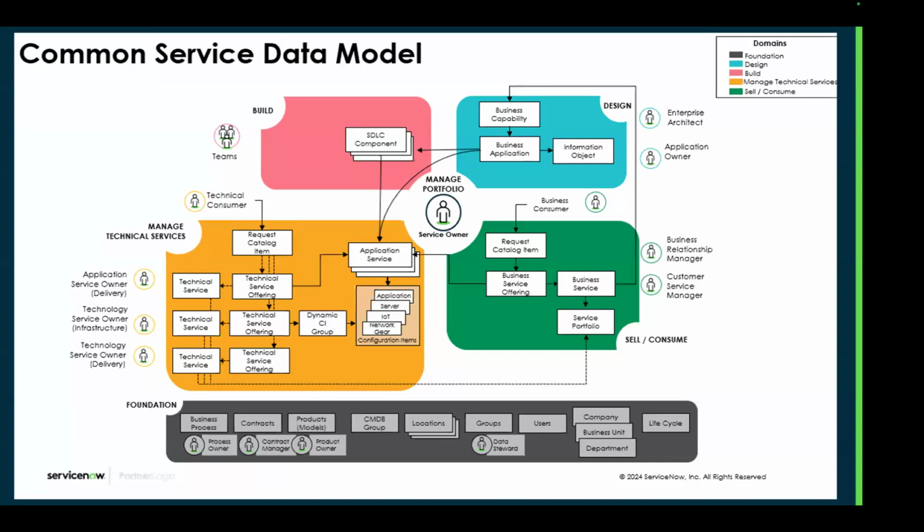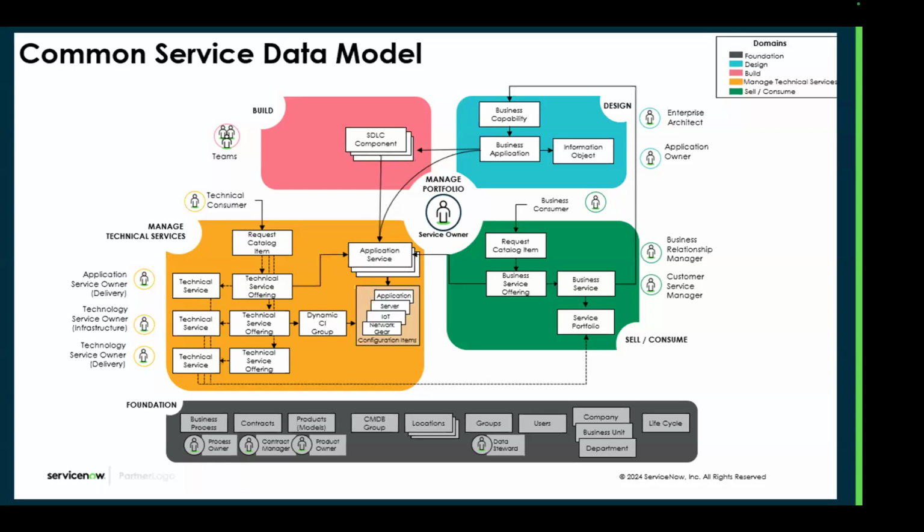If you look at this diagram, you can see the data modeling is basically defined by multiple domains, either design, build, manage technical services, or sell and consume as the final stage. Then we do have the foundational data domain, which supports all data models.